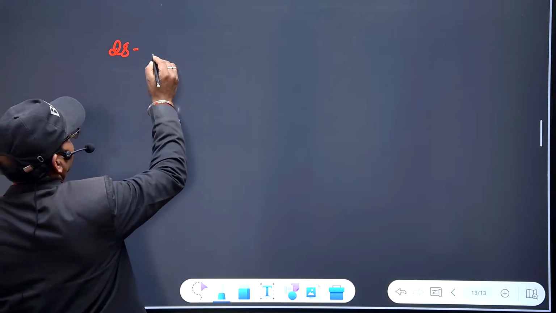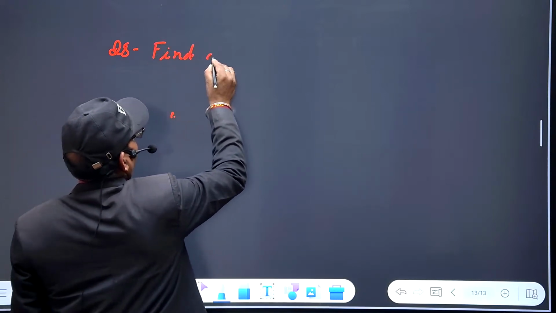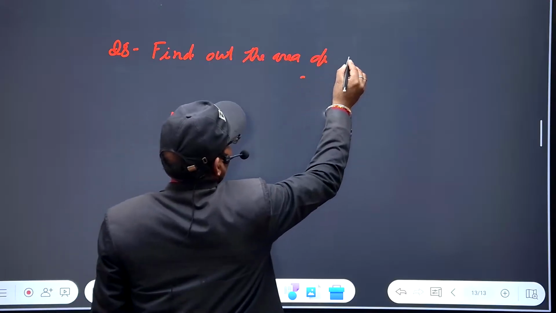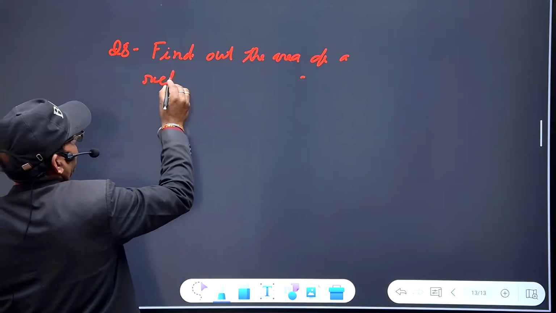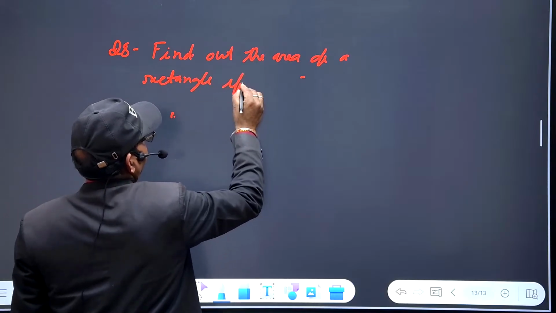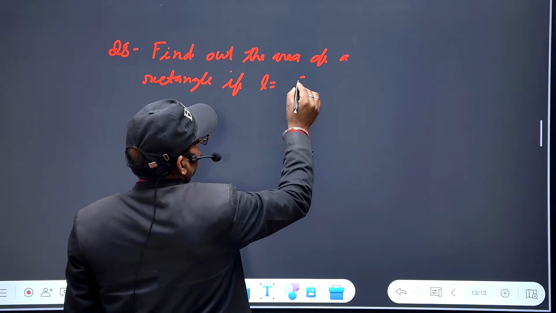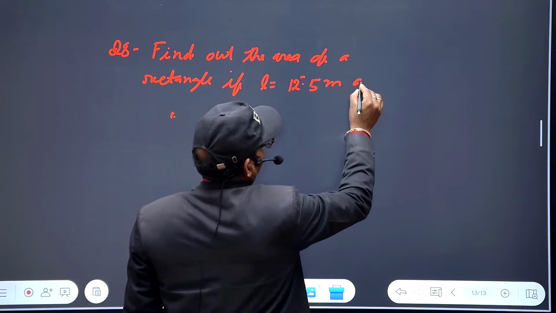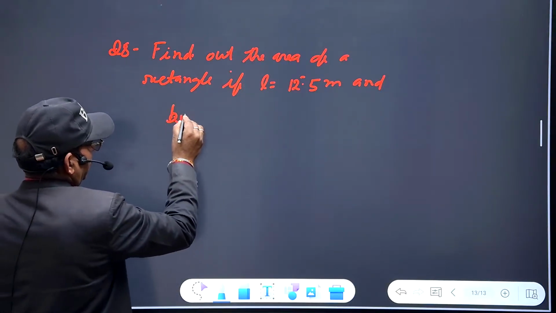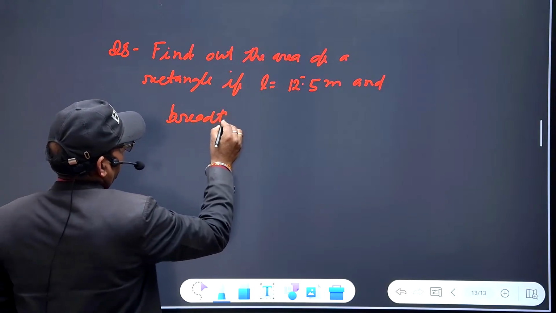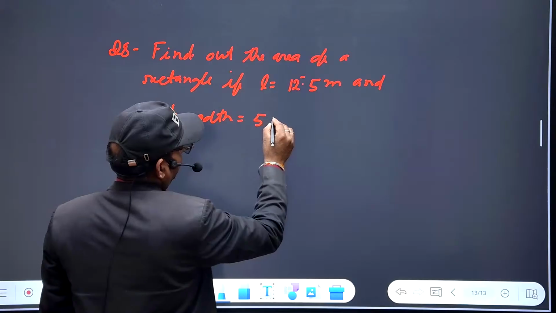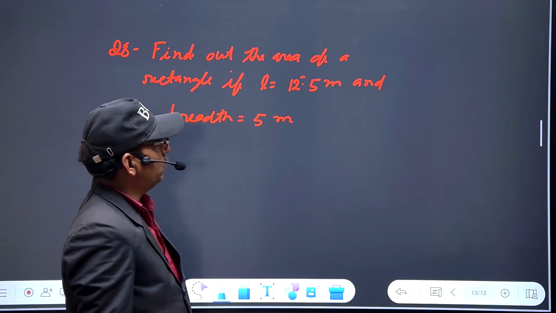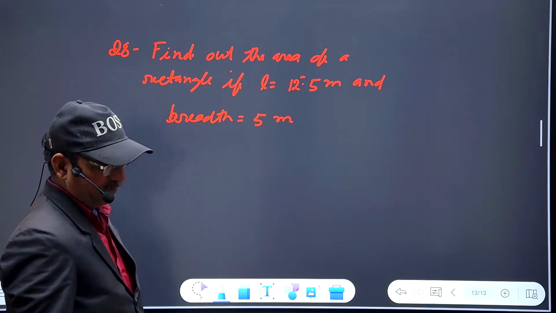Find out the area of a rectangle if length is equal to 12.5 meter and breadth is equal to 5 meter. Okay.